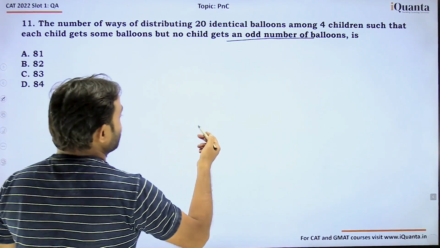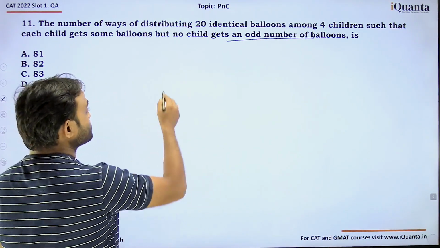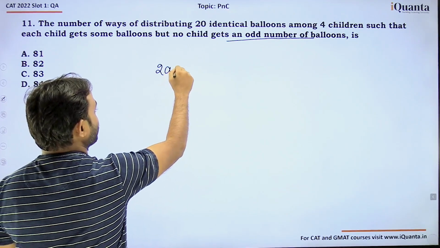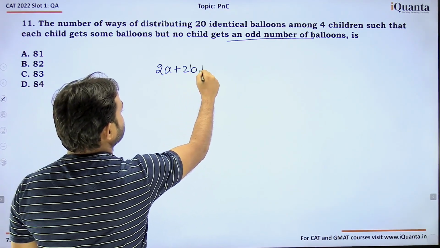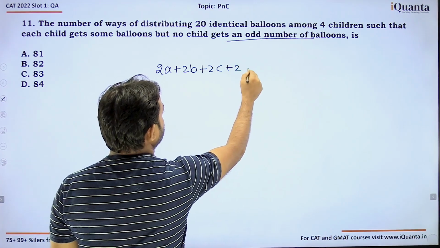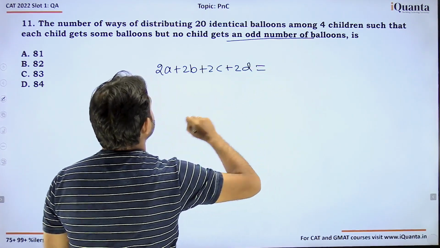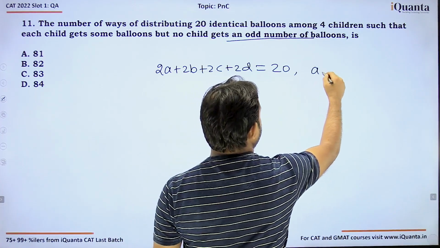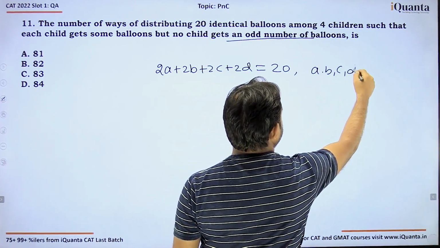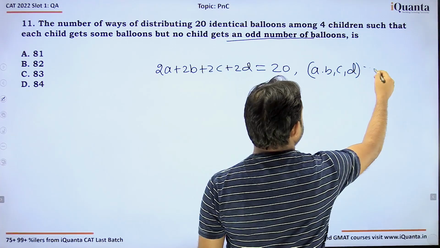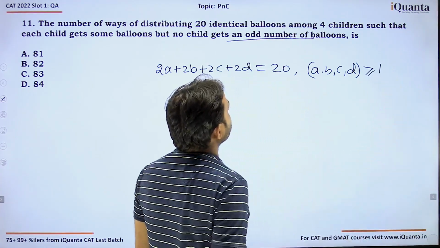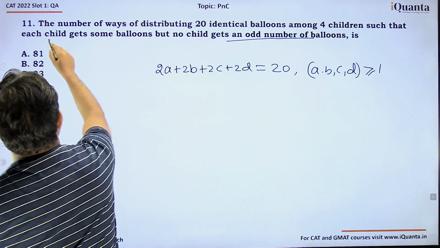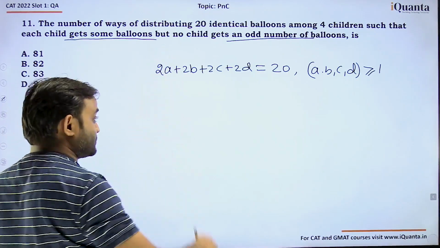So let's say the number of balloons they are getting is 2A, 2B, 2C and 2D. So the sum of these should be 20. And all the values here, A, B, C, D, must be greater than or equal to 1 because it says that each child gets some balloons.